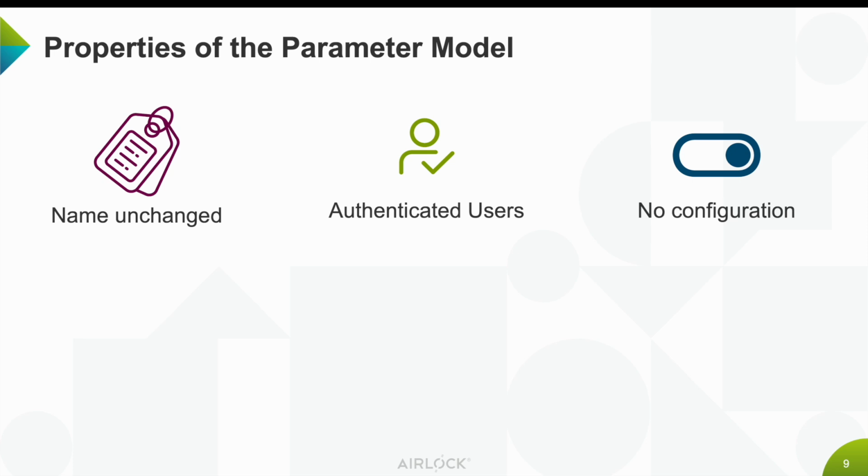There is no configuration required. As with the old query parameter model, the model does everything itself with the training, and it will adapt itself to your applications. So there are no requirements there that would make your life cumbersome as an administrator.